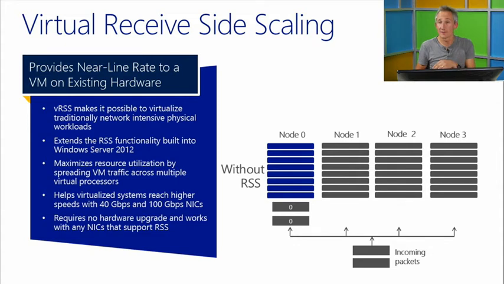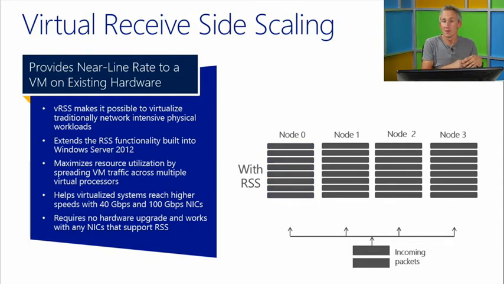Now, if we think about an environment without RSS, we've effectively got a situation where the traffic processing is being handled by one CPU. So imagine that the main CPU on the system, CPU 0, is the one that would get burdened with processing and managing that network traffic. And that means that one CPU can run really hot and the others not so much.